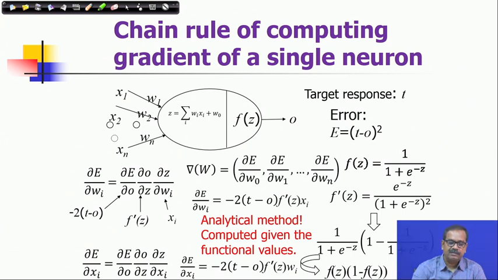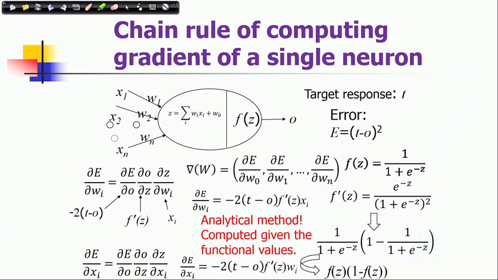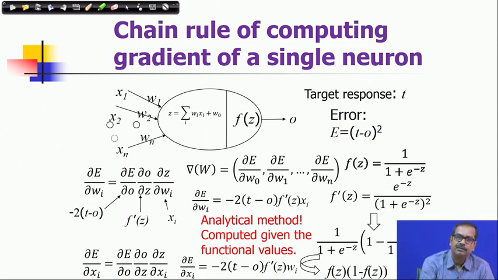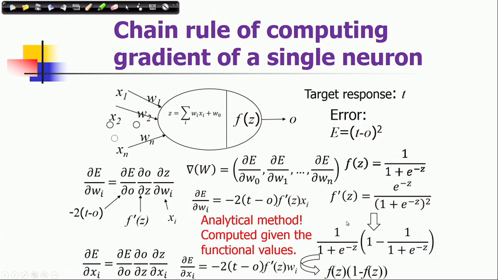So, only the values of x, w, or weights and inputs are required to compute this particular function. Once you compute the functional value, then you can compute also the derivative using those values only. So, you can compute at a point, that is the advantage of this particular method.